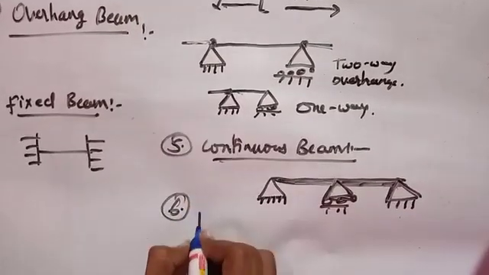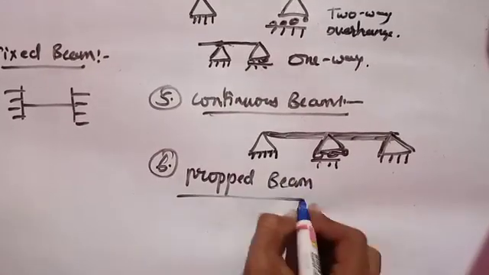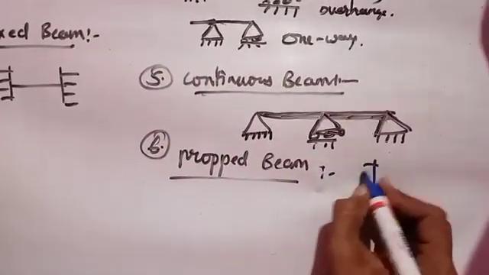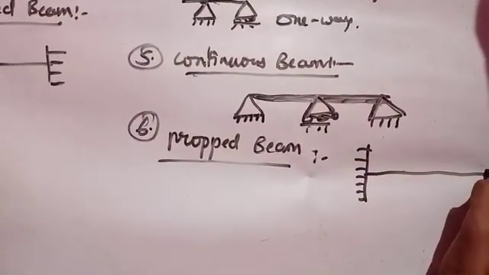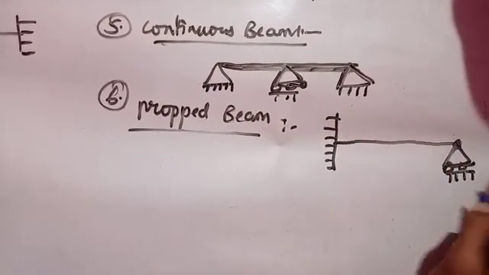And sixth is propped beam. It is fixed at one end and roller support at the another end. Thank you.